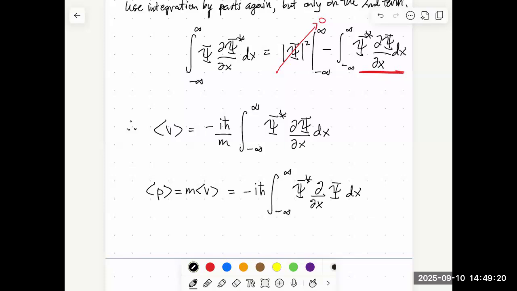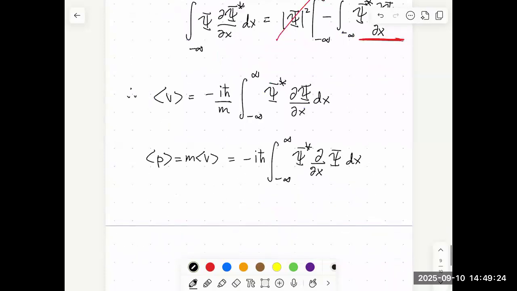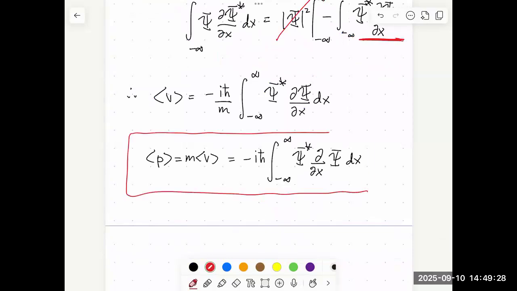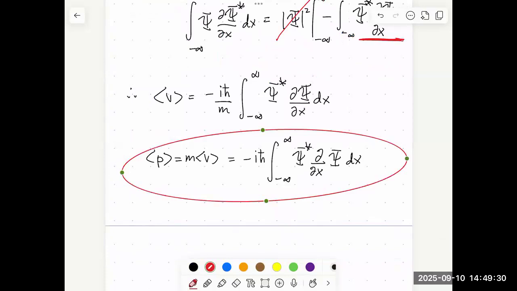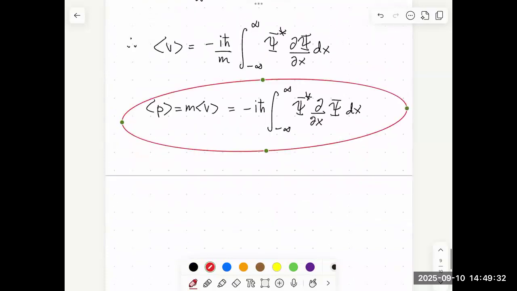But what we're going to do is try to write this in a more suggestive, more convenient way. And we're going to try to define these operators, which we're going to use to calculate quantities in quantum mechanics. So this is the expectation value of the momentum.